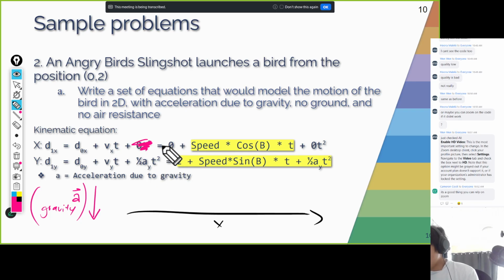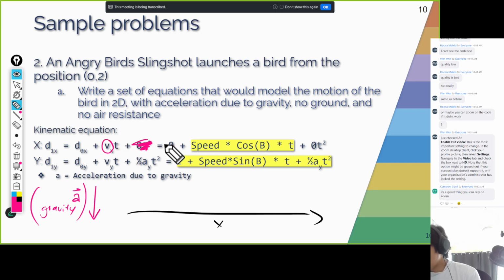Okay, and we can simplify this further and say our initial position in x was 0. We started at 0. So 0 plus, what was our initial velocity in x?